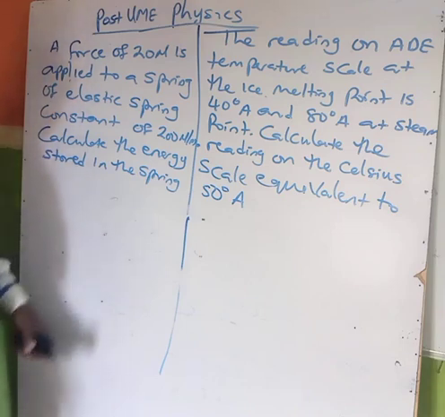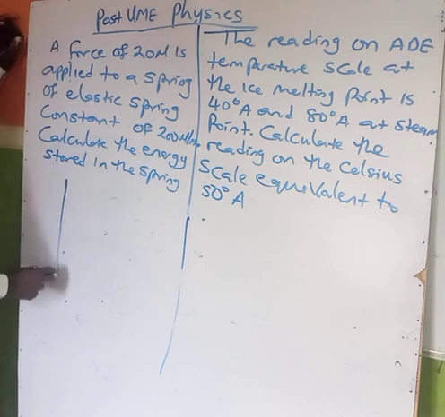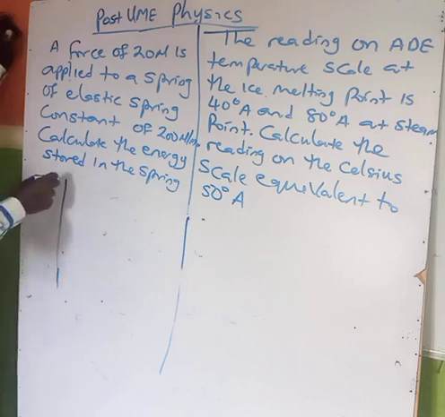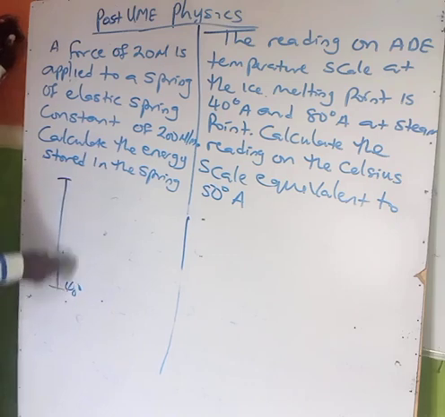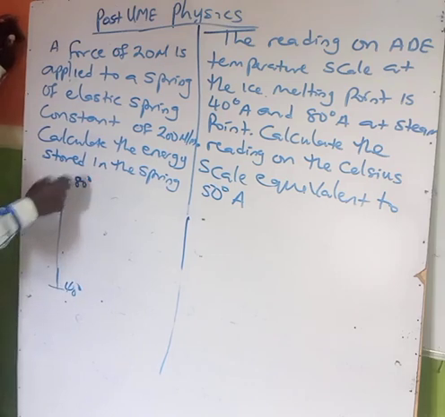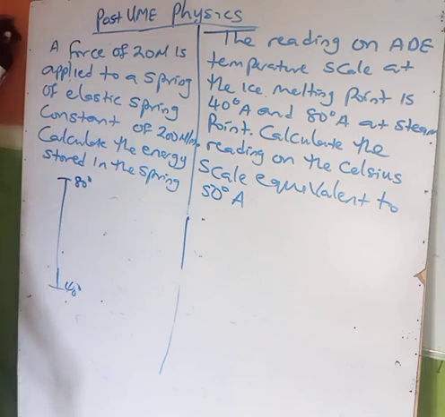So for this one, if you have the A scale like this, the melting point is 40 and the steam point is 80. Then you have to calculate the 50 degree equivalent. So let's say 50 A is here.